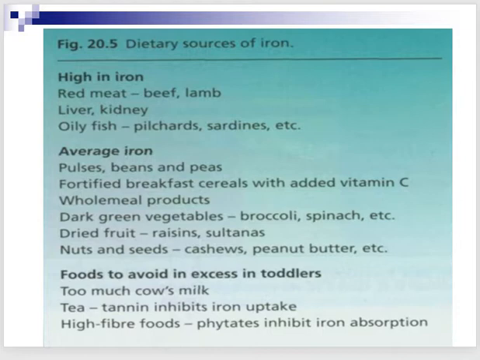So we must give them iron fortified cereals and foods like red meat, which have iron. Foods to avoid, or not tolerate in excess, include too much cow milk. If you are giving it, give them some iron supplements also. Tea inhibits the absorption of iron, and high fiber foods containing phytates also inhibit iron absorption.